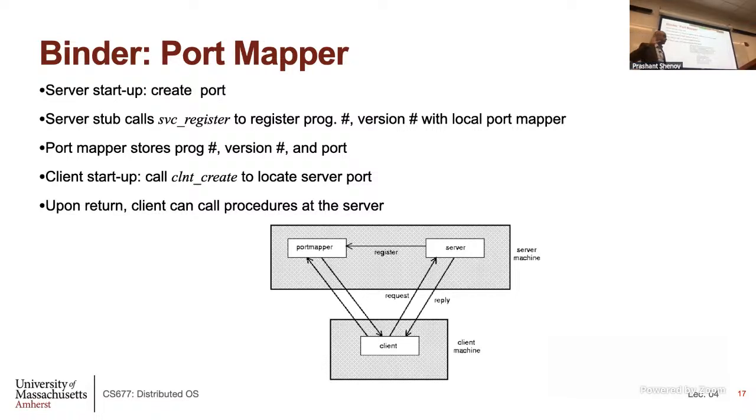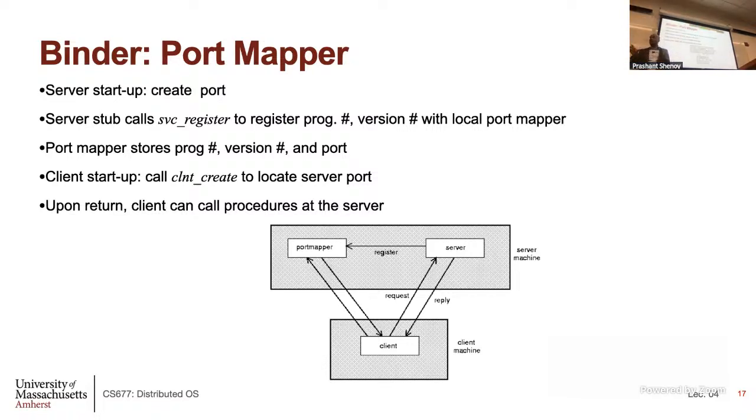Okay, that's a good question. So what if there are multiple servers that ask for the same service? The thing that you have to do is, when the server is registering itself to the port mapper, it either has to pick a unique name for itself, or if there are two services that, let's say, both provide a hello world service, you have to at least pick different version numbers.